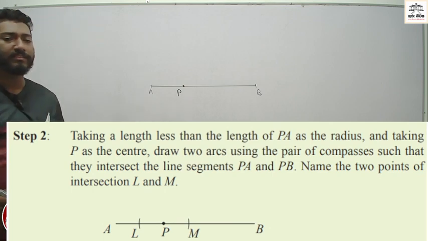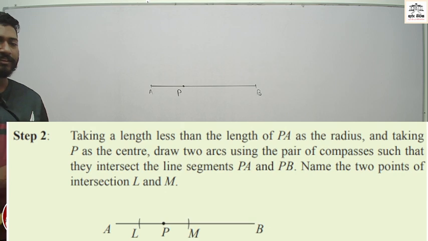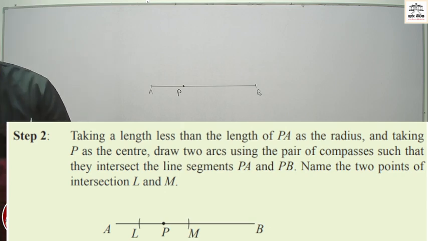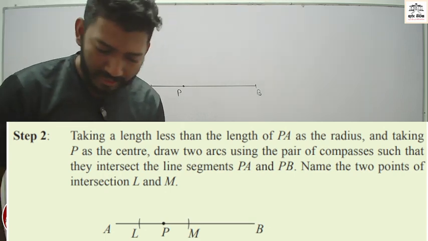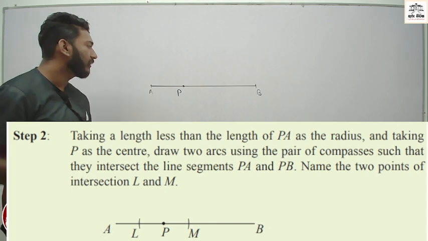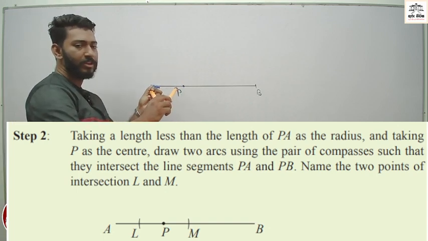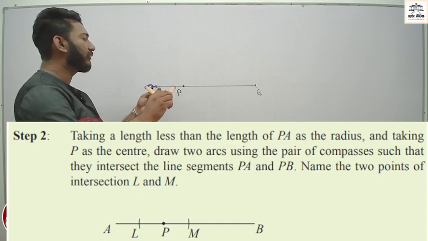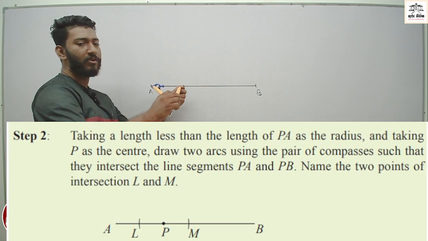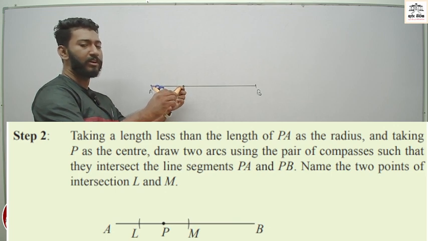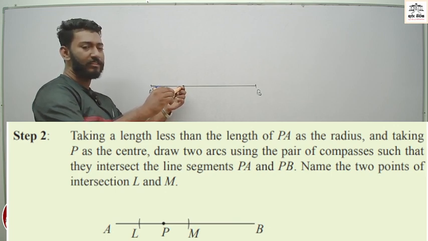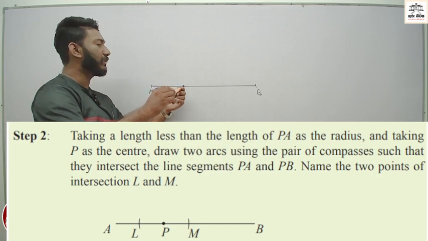Taking a length less than the length PA as the radius. It should be less than PA, right? Now taking P as a center, draw two arcs using the pair of compasses such that they intersect the line segments PA and PB.